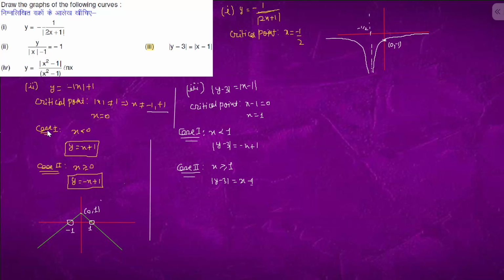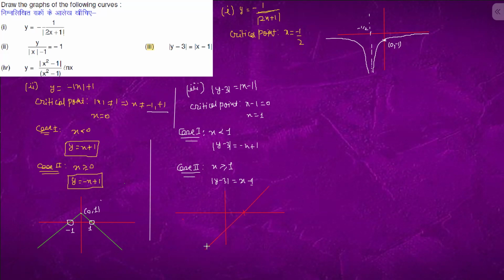Now we'll go to the coordinate axis that we have done in every video. This is the coordinate axis. We have x bigger than 1 and x less than 1. For x bigger than 1, we have x minus 1, which is going somewhere like this.